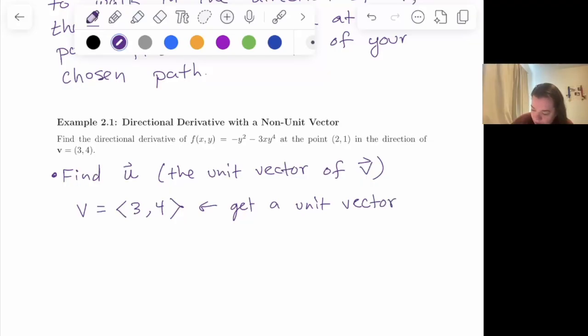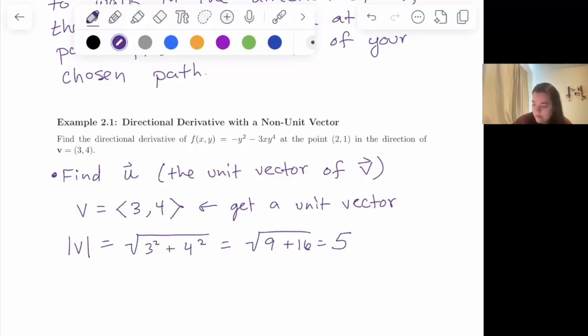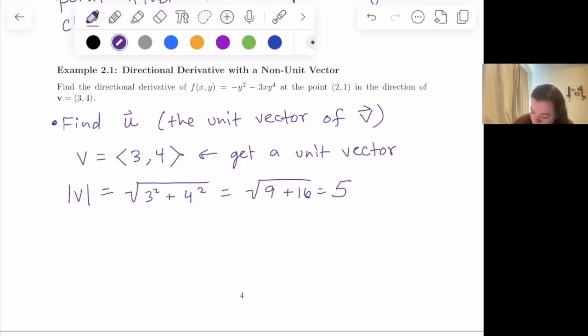To get a unit vector, the first thing we need to do is take the magnitude of v. Remember, this is just our Pythagorean theorem. Since there are no negatives involved, I'm just not putting square parentheses. This is the square root of 25, which works out to be 5. So the unit vector u, and I kind of got lazy and left my little vector signs off, sorry about that, but those are vectors we're dealing with.